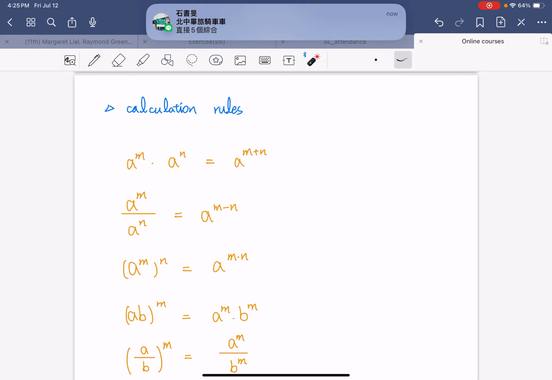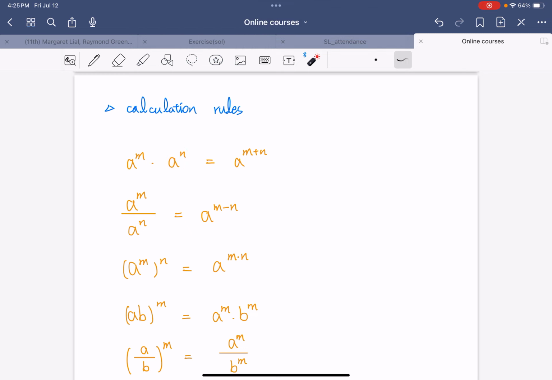When we times a with power of m with a with power of n, we get the exponents that add to each other. The base is the same, remember, the base is the same, but we add the exponent.